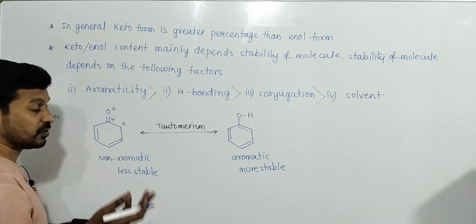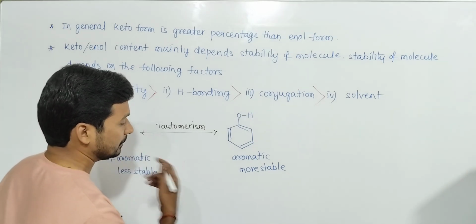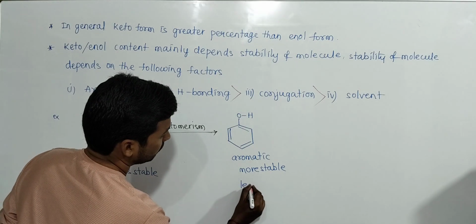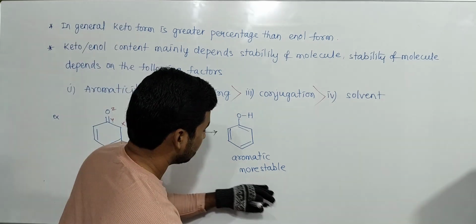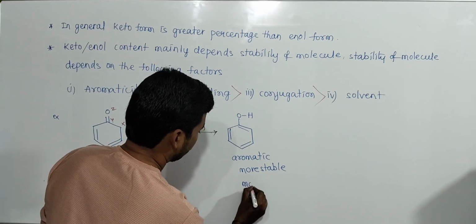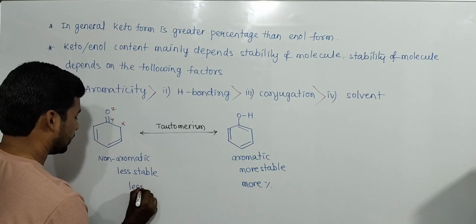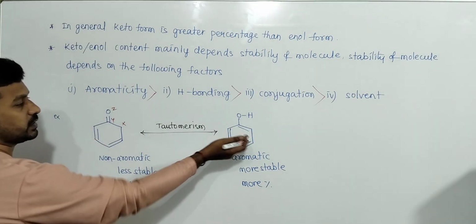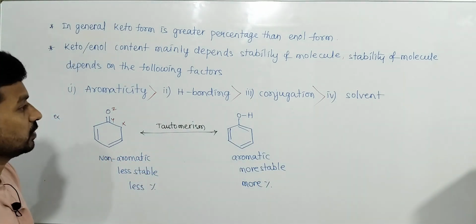I will explain what is aromaticity, what are aromatic, anti-aromatic, non-aromatic. So therefore this is more percentage. This is less percentage. It always exists in this form because this molecule gets stability like that.